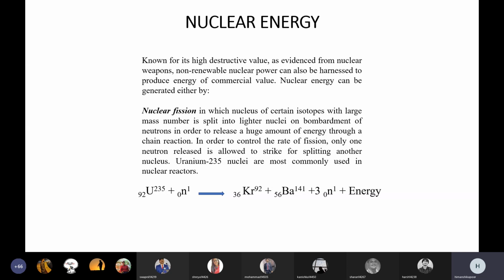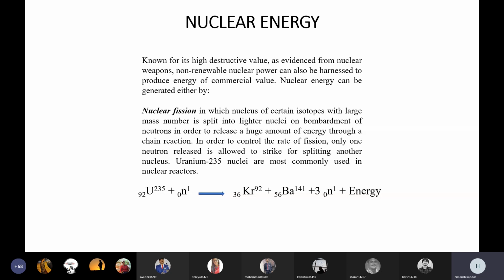That is the process of nuclear fission, and we see uranium 235 nuclei mostly used in nuclear reactors. Fission of unstable nuclei is generating a lot of energy. It is converted into smaller nuclei, and it is also releasing neutrons for carrying on the reaction, along with energy.